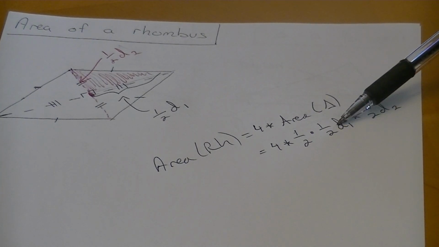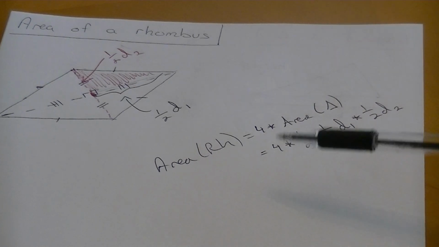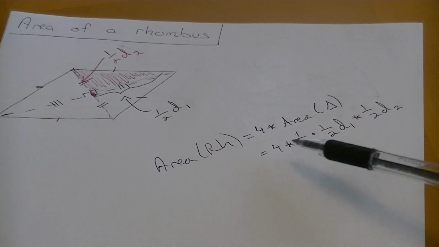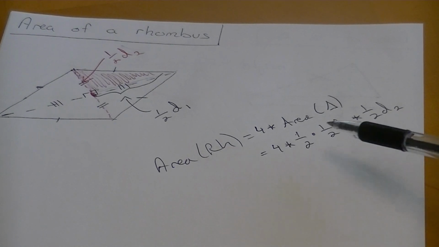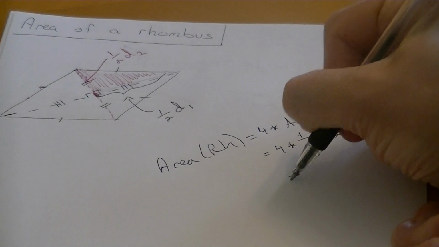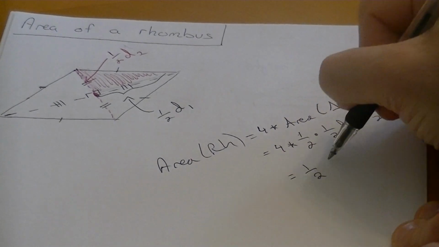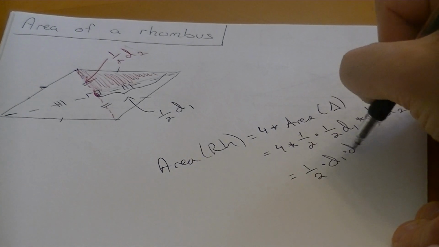Its base is half of a diagonal, and its height is half of the other diagonal. If we multiply this together, 4 times half times half times half: 4 times half is 2, 2 times half is 1, 1 times half is half. All those numbers multiply to just make half. And then we're left with D1 times D2.